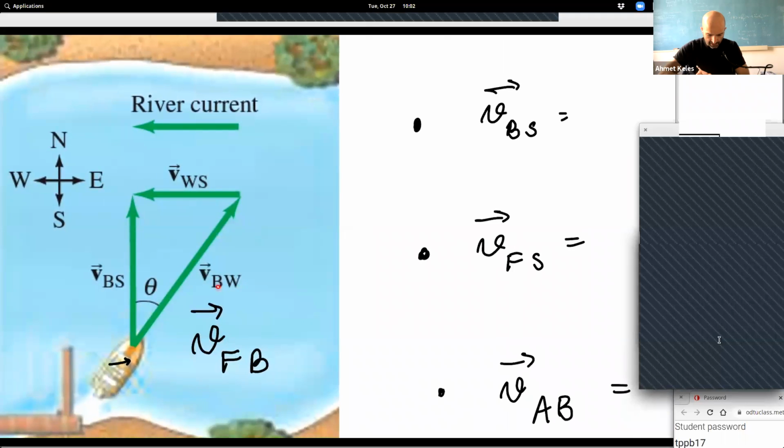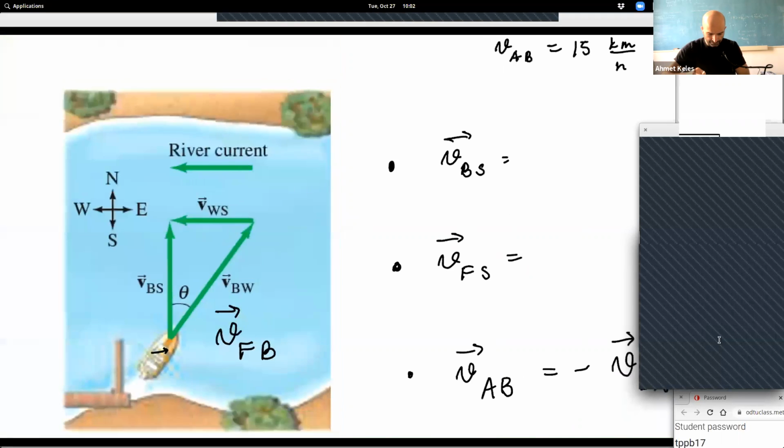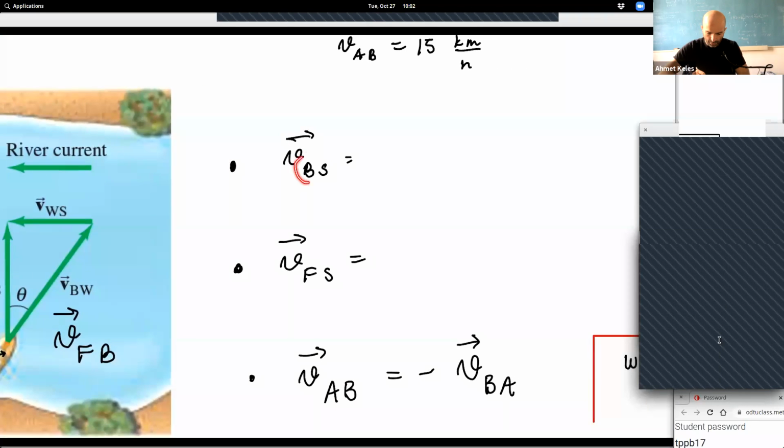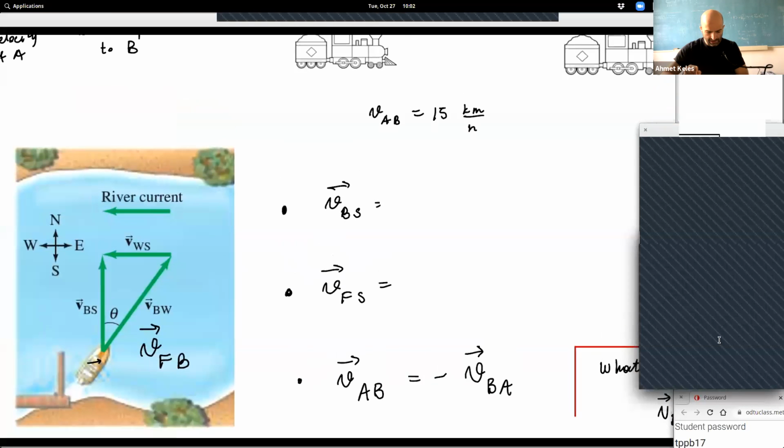The boat's velocity with respect to water is this. The water's velocity with respect to the shore, a fixed point on the shore, is this. The question is, how can we write the boat's velocity with respect to the shore? I'll give you a few seconds to look at the problem and think. Let me write this one and ask you the second part.